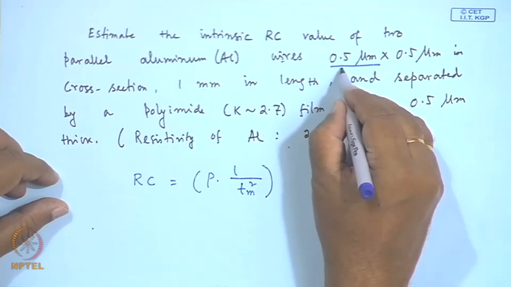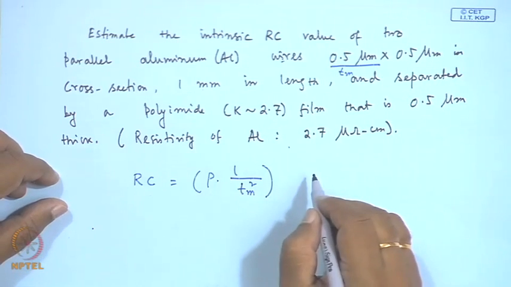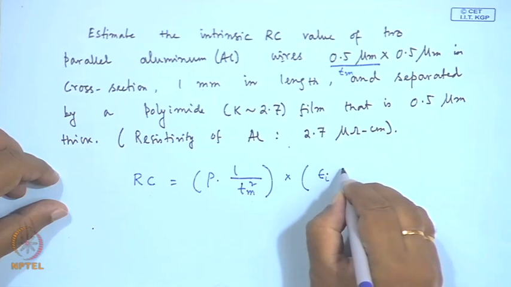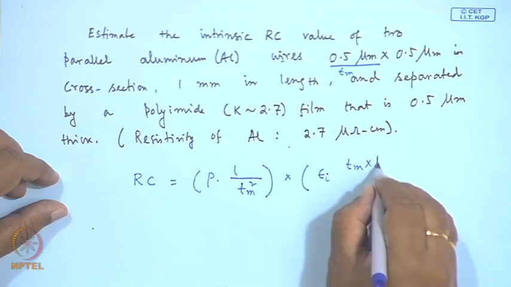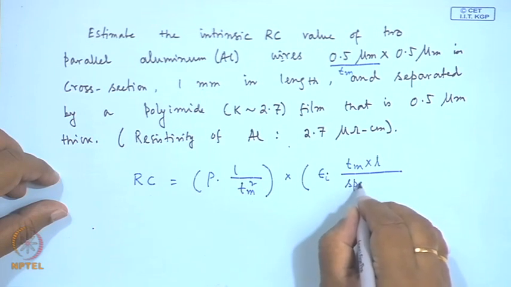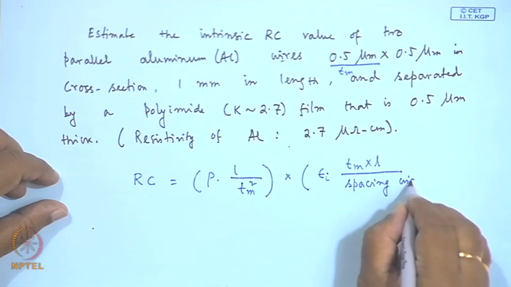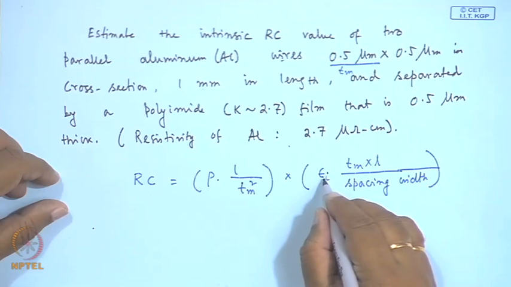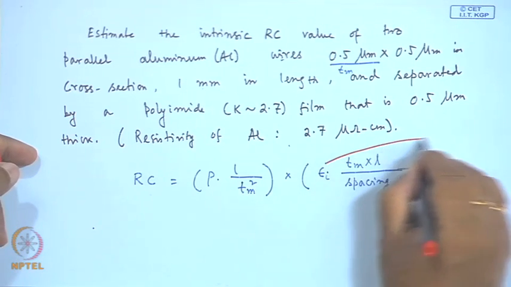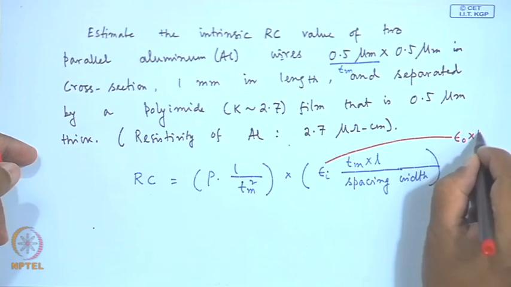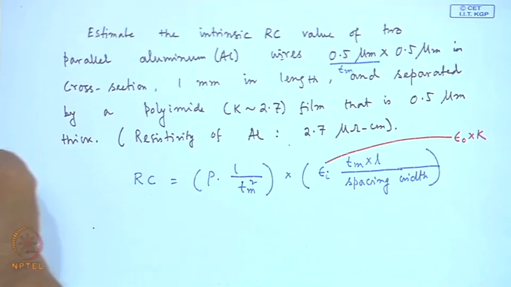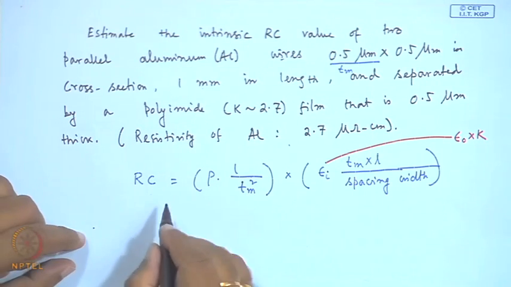So, let us say that this dimension is Tm, and C is given by epsilon r multiplied by Tm into L, because area by the spacing width D. That means, epsilon r in this case is epsilon 0 multiplied by the k which is given.